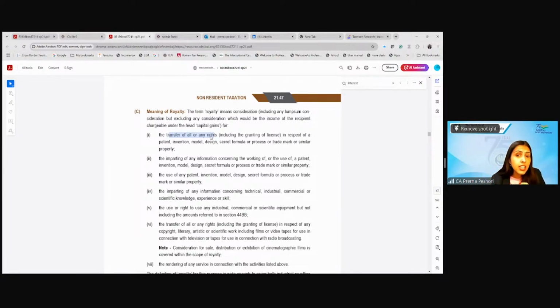And if it is giving this patent to some other company to manufacture and sew those shoes, and it is imparting the information concerning how to do the entire shoe making, or how to make use of this process. It has coded a process that by this way we have to sew this.